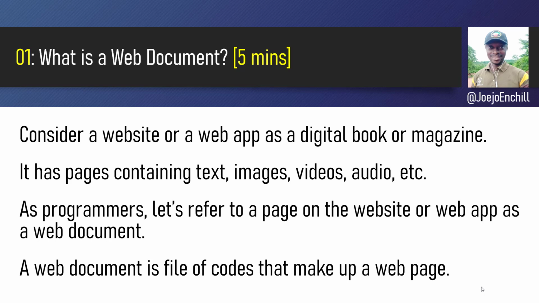As developers, let's refer to a page on the website or web app as a web document. That is to say, a web document is a file of code that makes up a web page, in the sense that, if you could remember, in our previous lesson, we said a software is a series of instructions.